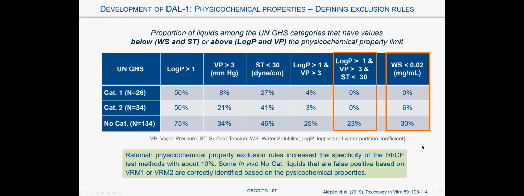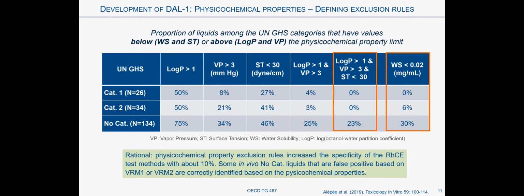What is the reasoning now behind using those physical chemical properties? Well, this is because some of the in vivo no-cut liquids are false positive based on the RhCE test method. So they are irritating according to the RhCE.